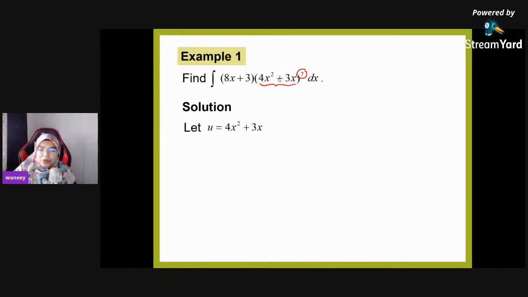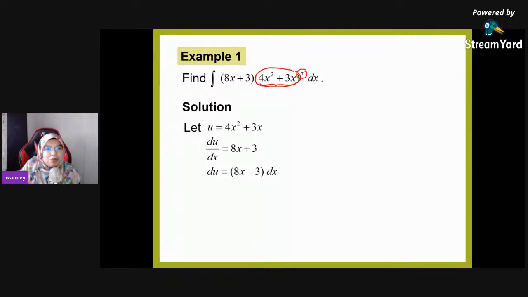Okay, so if u is equal to 4x²+3x, I differentiate it and get du/dx equal to 8x+3. So that means du is equal to (8x+3) dx. So what happened over here? I simply change this one to become u, so this will become u to the power of 7.